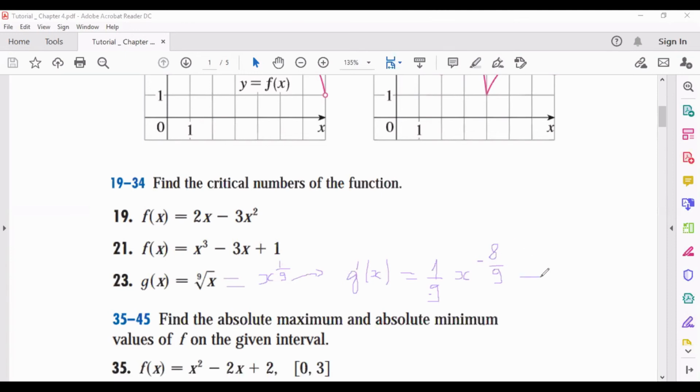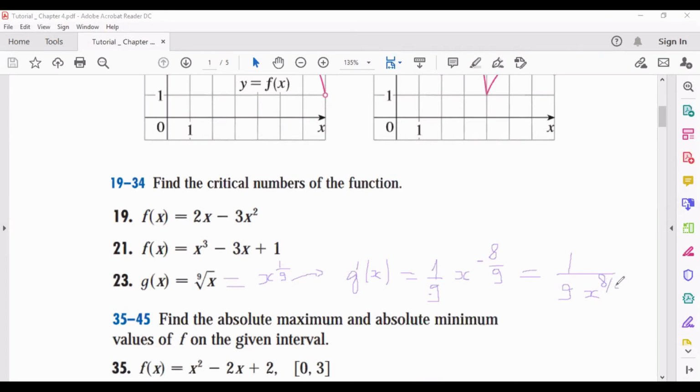This expression, be careful. Here it's in the denominator, because we can look at it as 1 over 9 x to the 8 over 9. When is it defined, first of all?